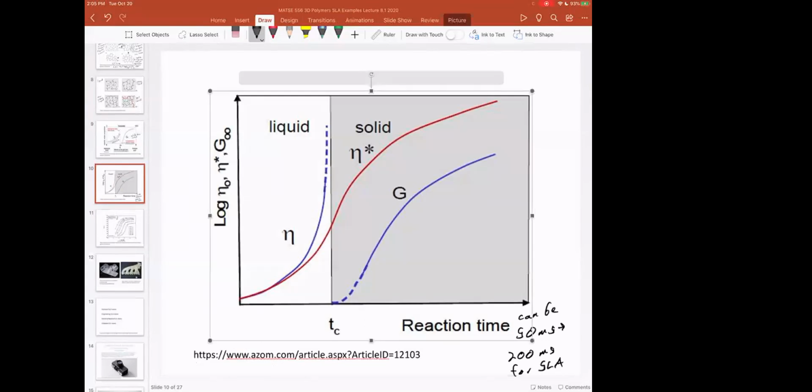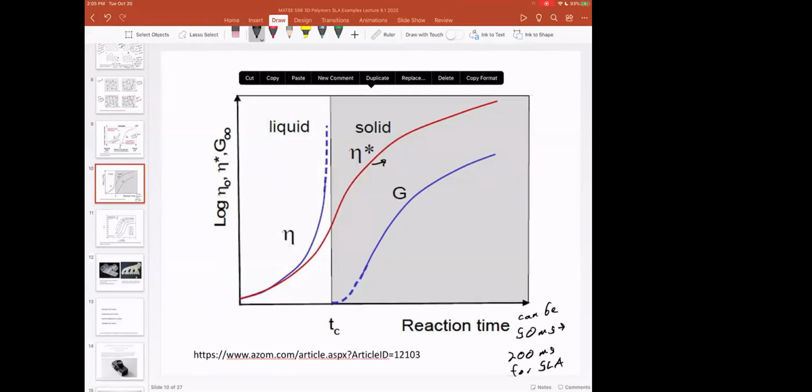So eta star is just another measure of viscosity. This is called the complex viscosity. And it's just a way to bridge. Sometimes this is eta naught. So that's called the zero shear viscosity.